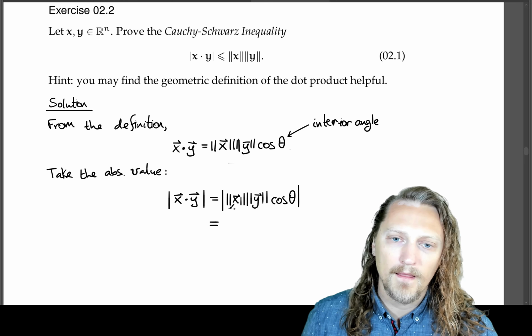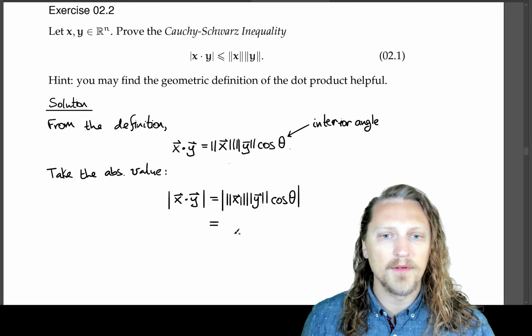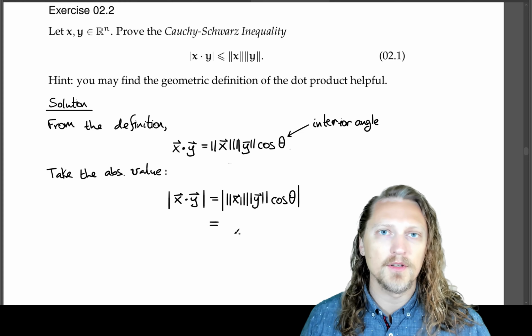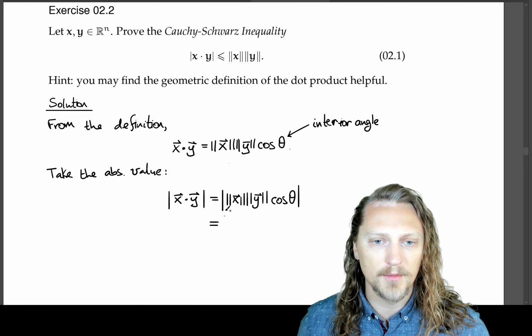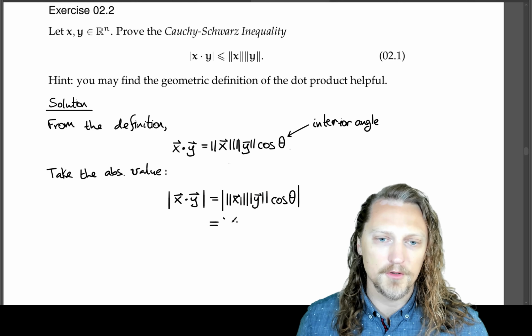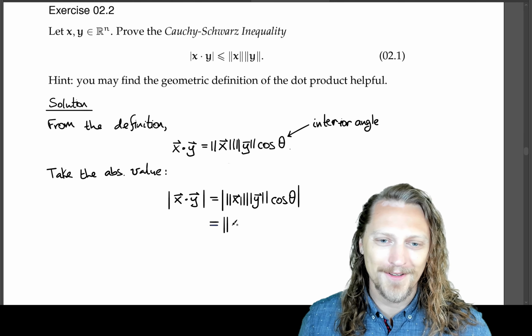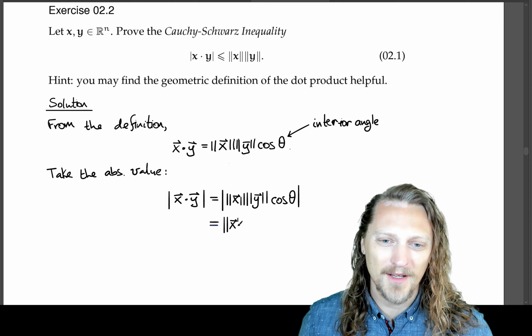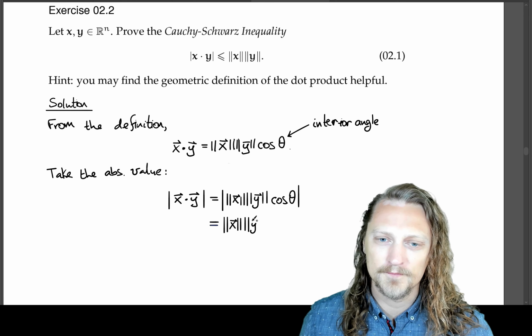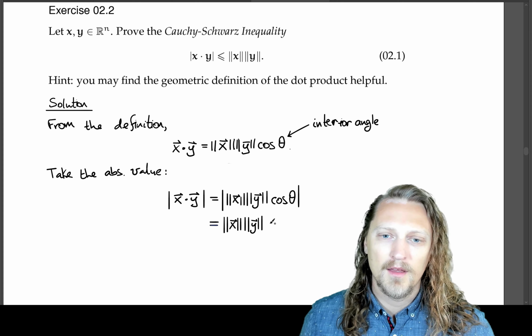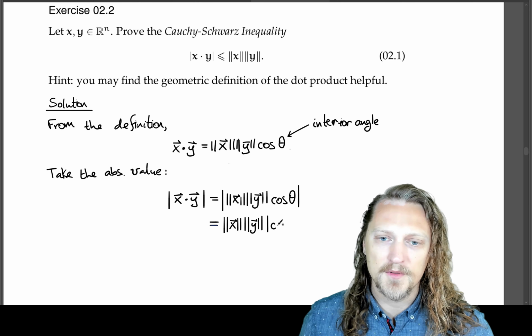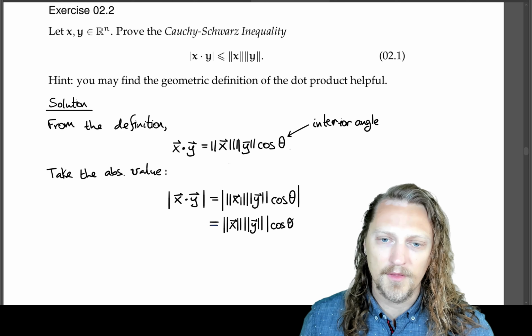Now, the absolute value of the norm of x and y are just the norm of x and y, so we don't have to, fortunately, triple bar those. That would be ridiculous, right? So the norm of x, the norm of y, times the absolute value of the cosine of theta.